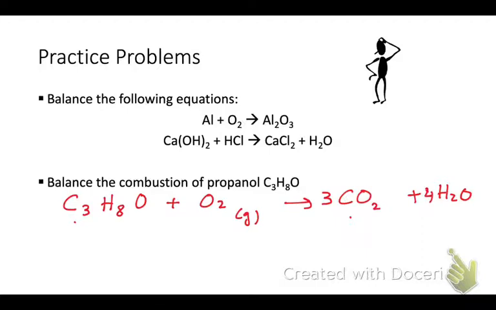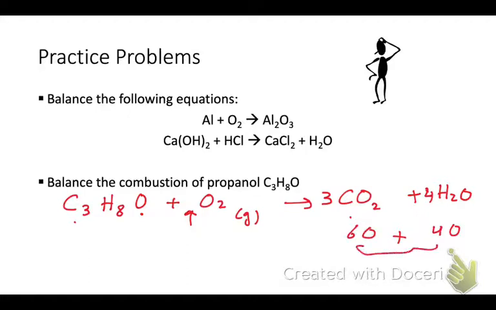Now oxygen, remember we're gonna do our method again. This is easier to play with. However, this time I have a more complicated situation because I have oxygen twice in both reactants and products. So let me show you how I actually work around that so it's not complicated. From water, I'm gonna have 4 oxygen. And from carbon dioxide, I'm gonna have 6 oxygen.